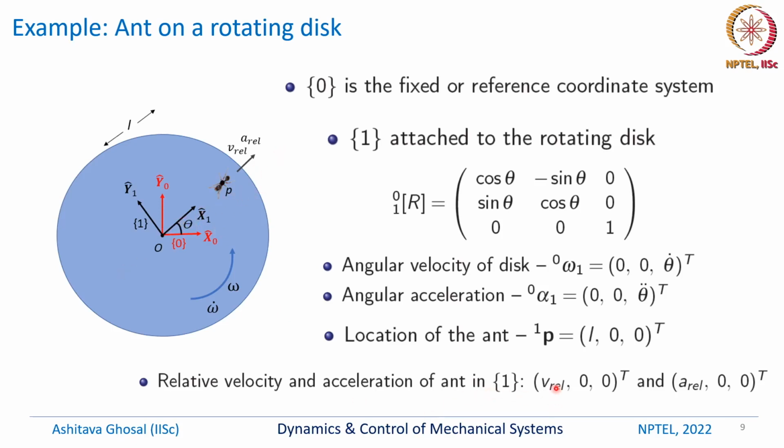So v relative has only an x component, v relative, 0, 0, and the acceleration of this ant in this rotating coordinate system is also along the x-axis, a relative, 0, 0. These are just to simplify the algebra and the terms which will appear.